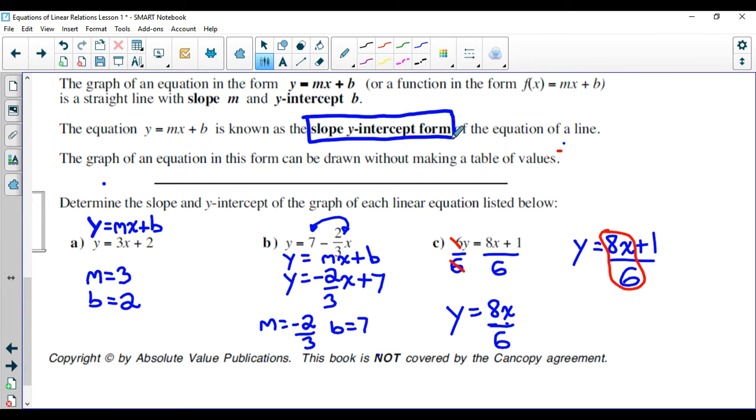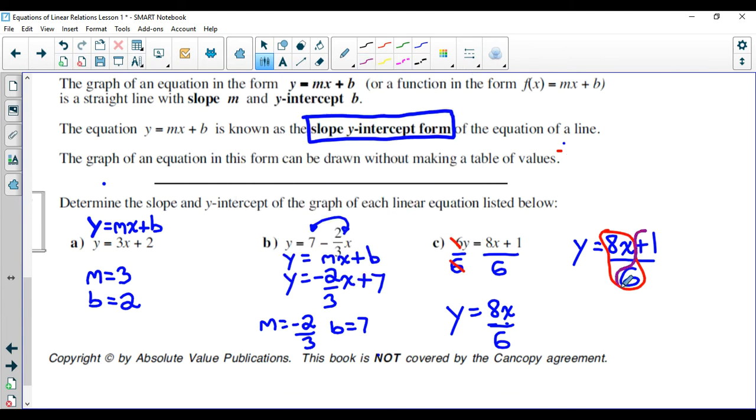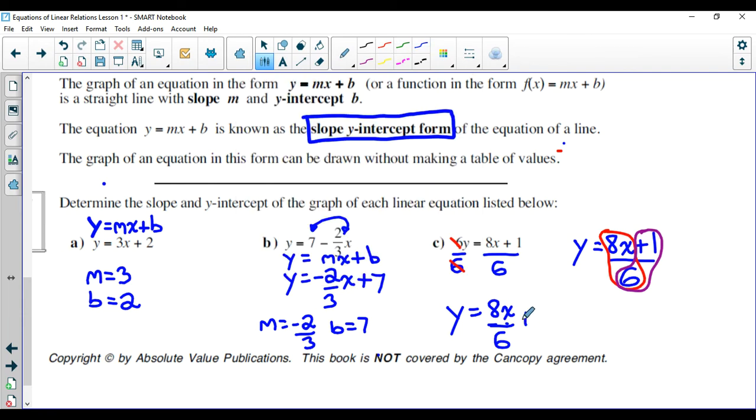Then to get the second part, you take the other part of the numerator, the positive 1 over 6. So this would be 8x over 6 plus 1 over 6. Now you can reduce the fraction on the left-hand side, because 8 over 6, if you divide both top and bottom by 2, turns into 4 over 3. So you'd have 4 over 3x plus 1 over 6.